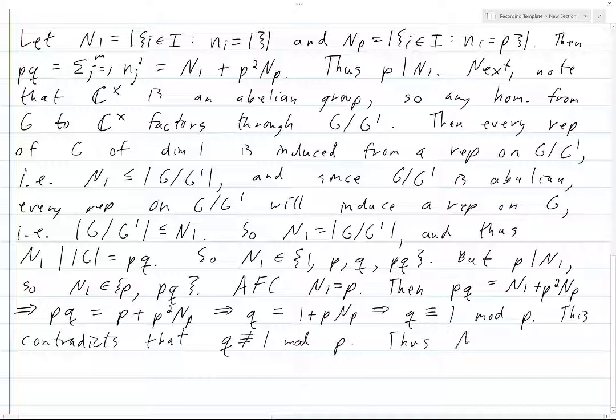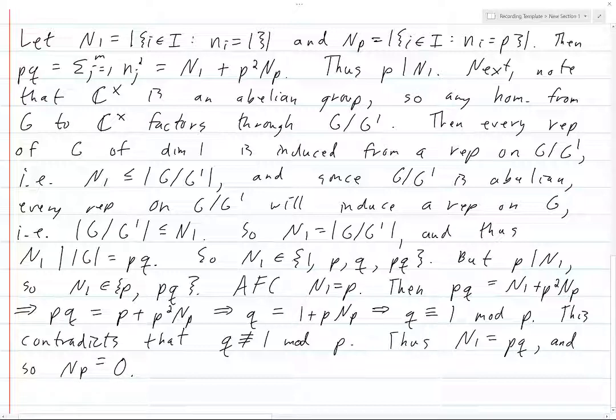Thus, N1 equals PQ, and so NP equals 0. Right? Yeah, because we never ruled that out. So n1 equals this, and thus this divides this.